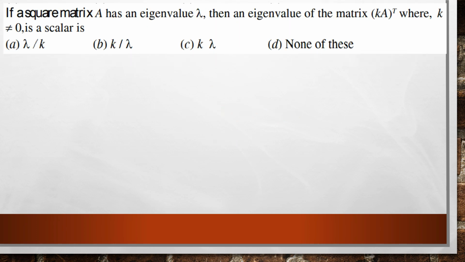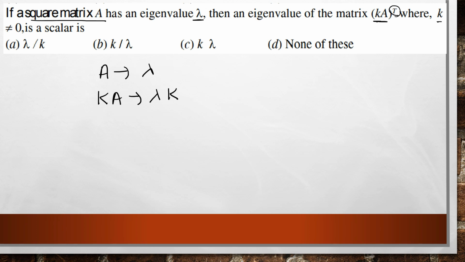In this question they are saying that we have one square matrix A, and the eigenvalue of this matrix is lambda. They are asking what will be the eigenvalue of K into A transpose, where K is some non-zero scalar. As I told you, if A has eigenvalue lambda, then K into A will have eigenvalue lambda into K, right?